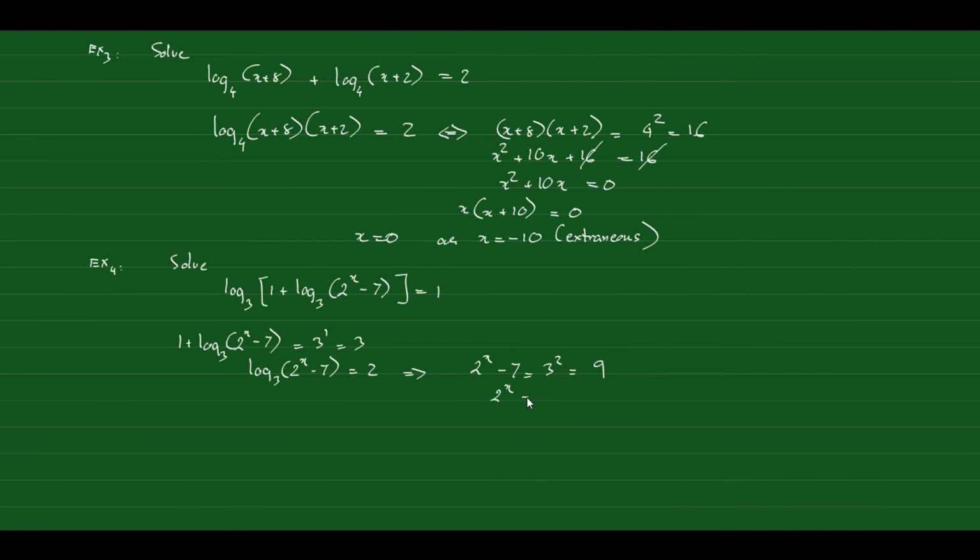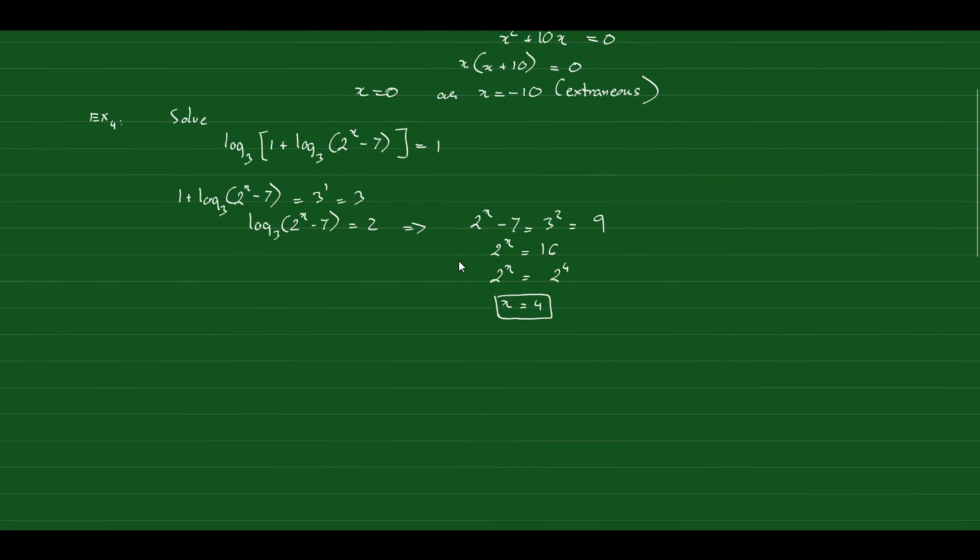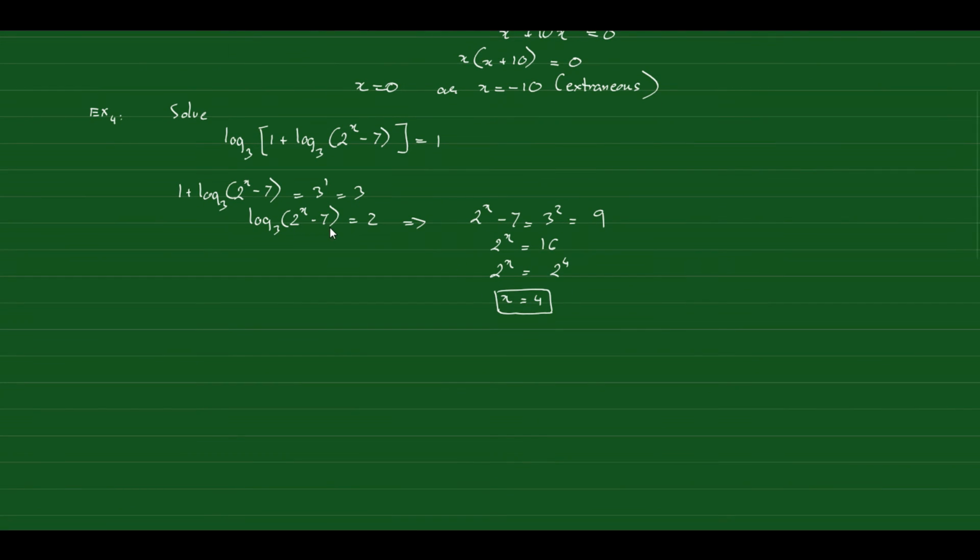So you have 2 to the x equal to, adding both sides by 7, 16. 2 to the x equal to 16, I can write as 2 to the 4, and x equal 4 is the final answer. There you go. So the difference in this example is that you apply the log principle twice.